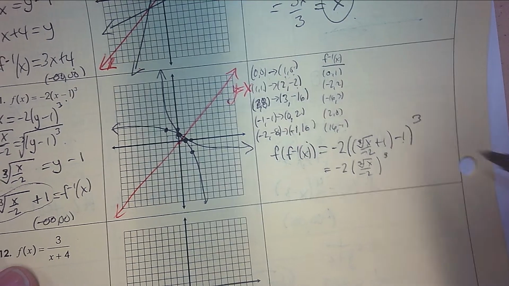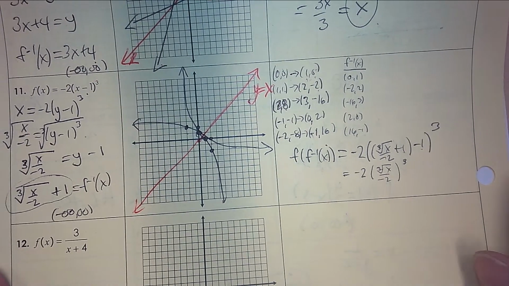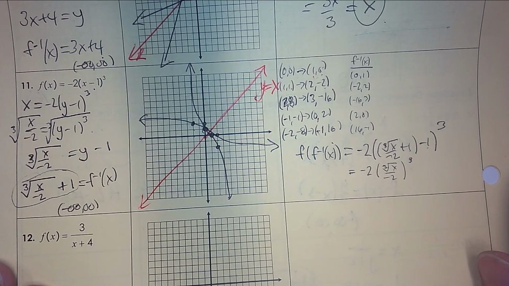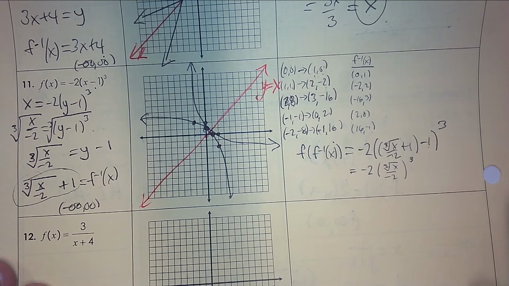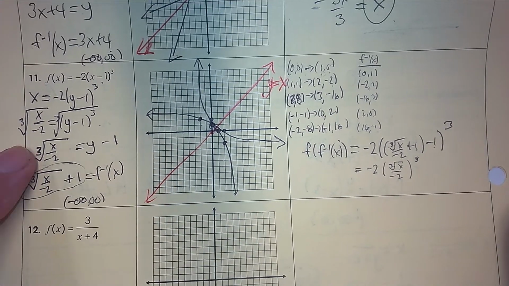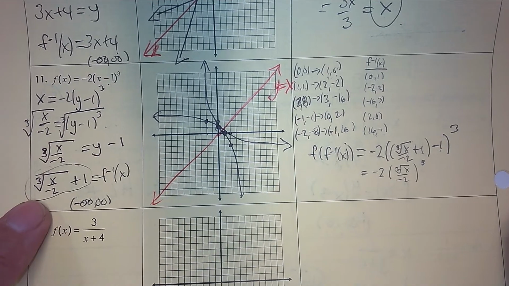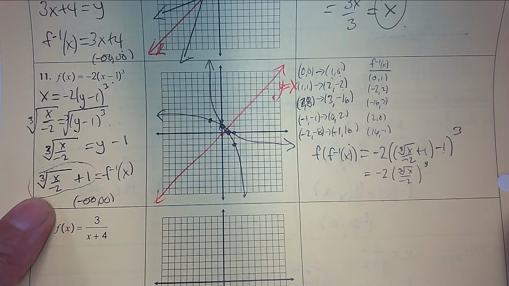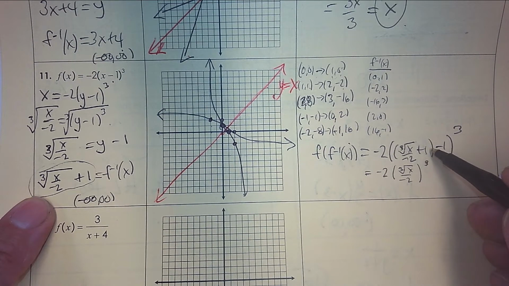I don't know what I did wrong here. Cube root. Add 1 at the end. So these cross out.